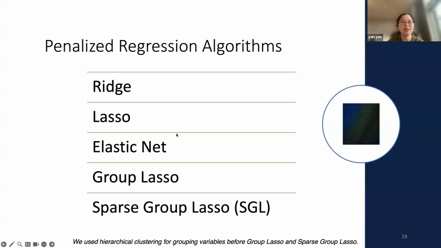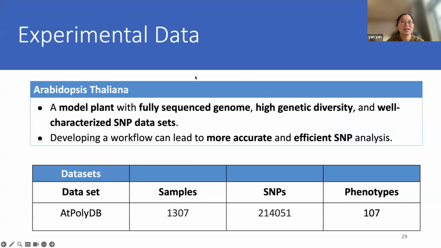For this study, we narrowed down to 5 penalized regression methods. The reason for that is some models cannot work for this kind of data. So this is how we ended up with the selection pool.